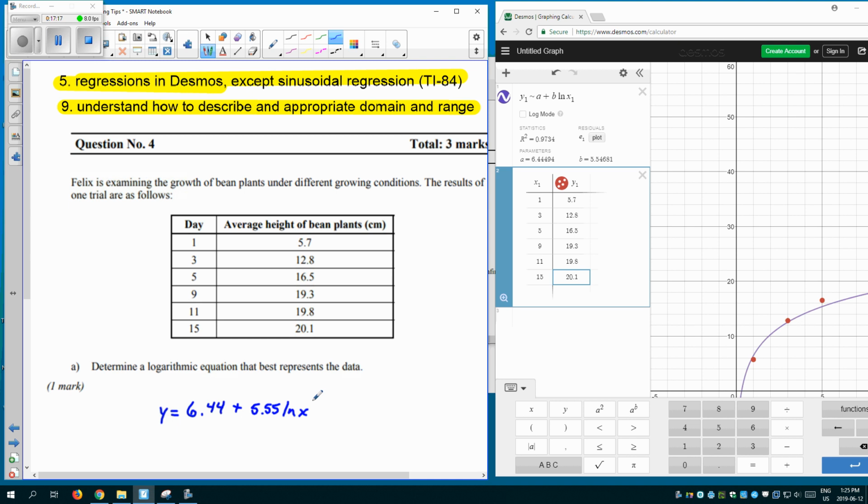Determine the logarithmic equation that best represents the data. Okay, you would lose marks. Here's what we don't want to do. I'll do it in red because red is wrong. We don't want to put any of this. You've done all this work to get your answer, and you've added in the Desmos requirements like the tilde and the notations on the 1.